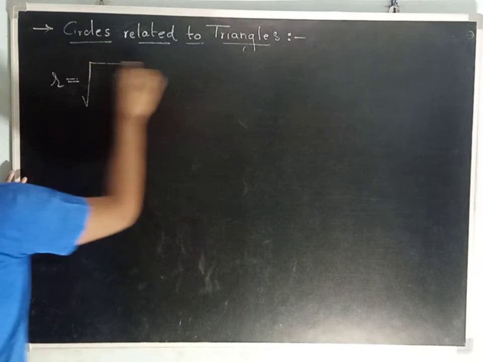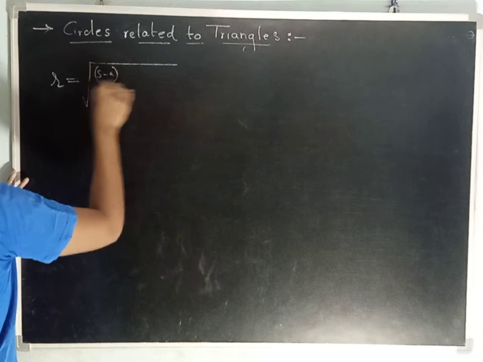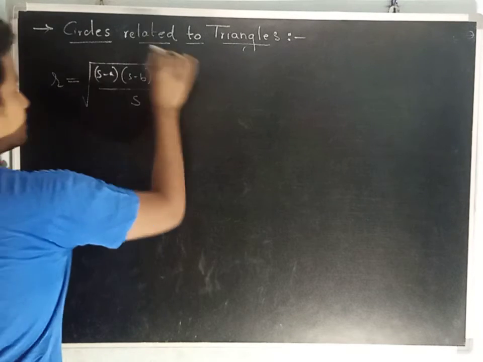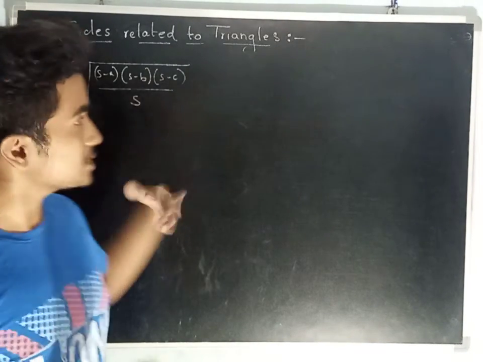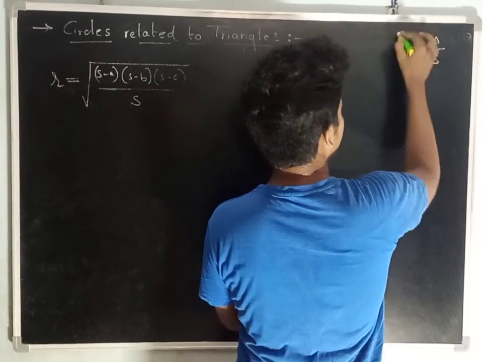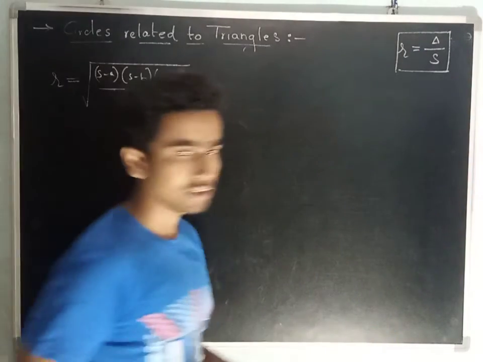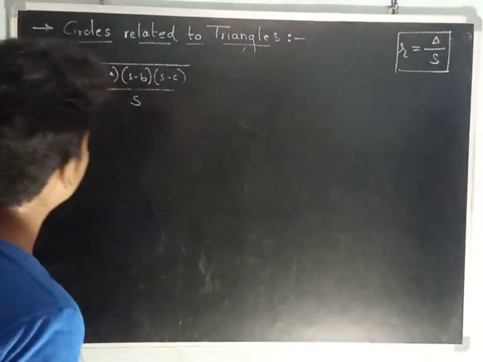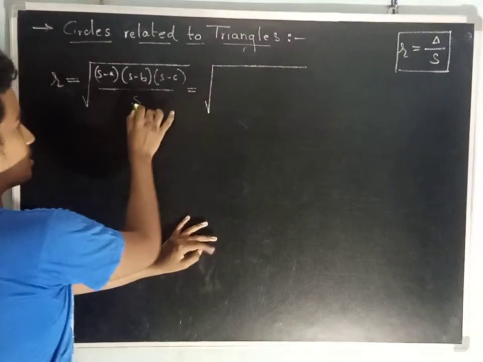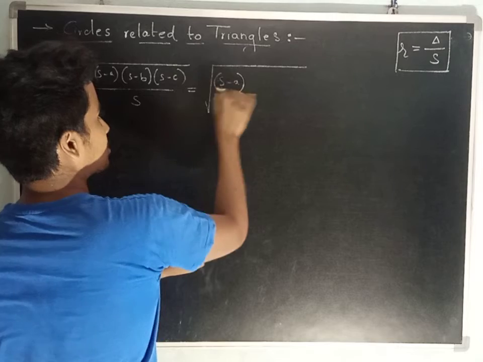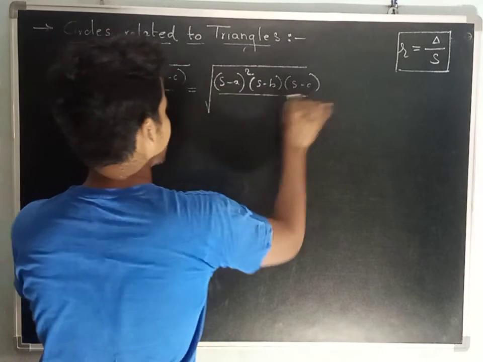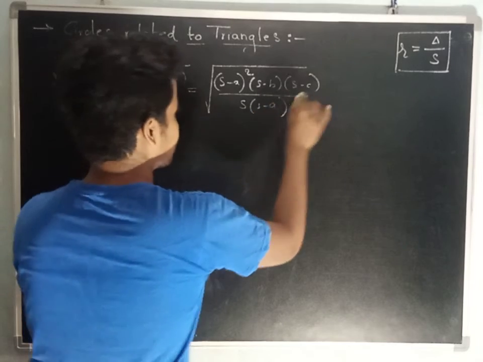r is equal to root of (s minus a)(s minus b)(s minus c) by s. This is what we got after simplifying the formula. The radius of the incircle is nothing but delta by s. Now, let me multiply the numerator and denominator with s minus a, so that I get (s minus a) whole square into (s minus b)(s minus c) by s(s minus a).